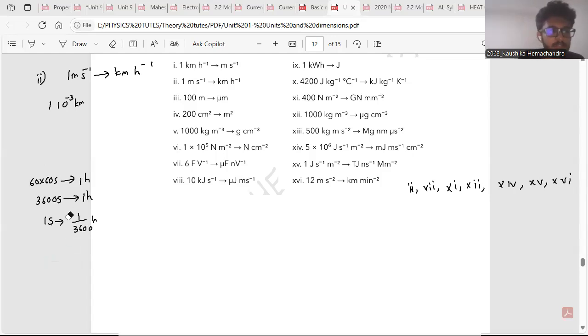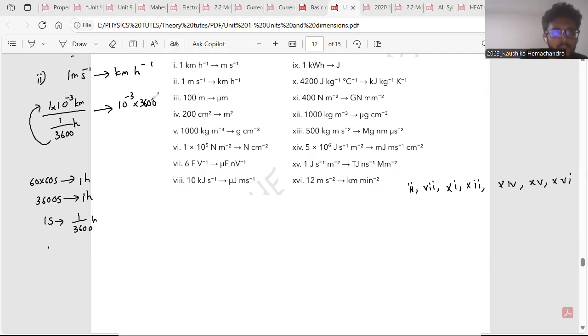It's easier when you put directly: per second means divide by 1 second, so instead of 1 second, you put 1 over 3600 hours. So you actually multiply it by 3600. So 1 into 10 to the power minus 3 into 3600. That's kilometers per hour.